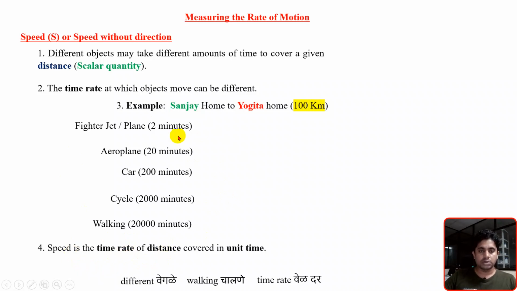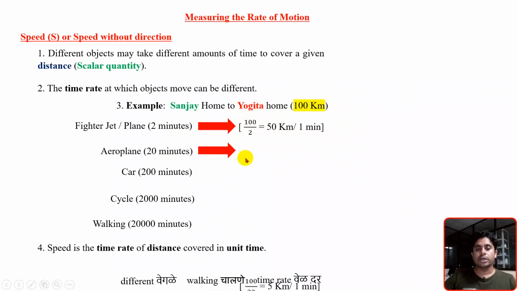So for the travel from Sanjay's home to Yogita's home, if I consider this time rate: the fighter jet has taken 2 minutes. How much distance do we have to travel? 100 kilometers. So simply 100 kilometers divided by 2 minutes, which is 50 kilometers per minute. Same for the aeroplane: 100 divided by 20 minutes is 5 kilometers per minute.